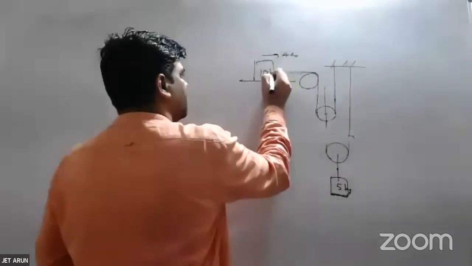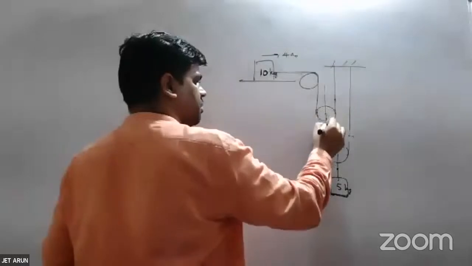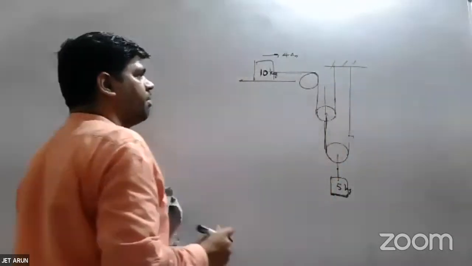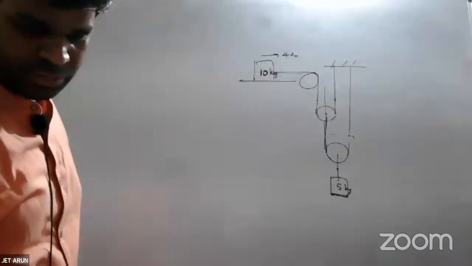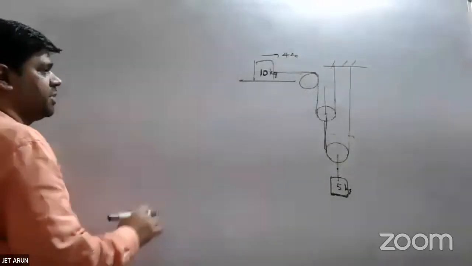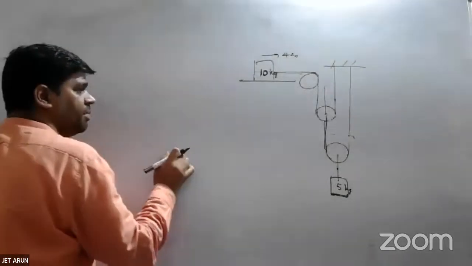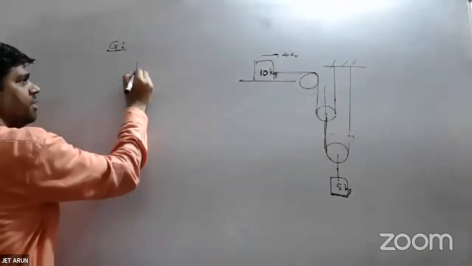Block B has got a mass of 10 kg. So let's draw the FBD with respect to ground. I'll choose this ground as a reference frame. So with respect to ground, I'll draw the FBD of the 10 kg block.